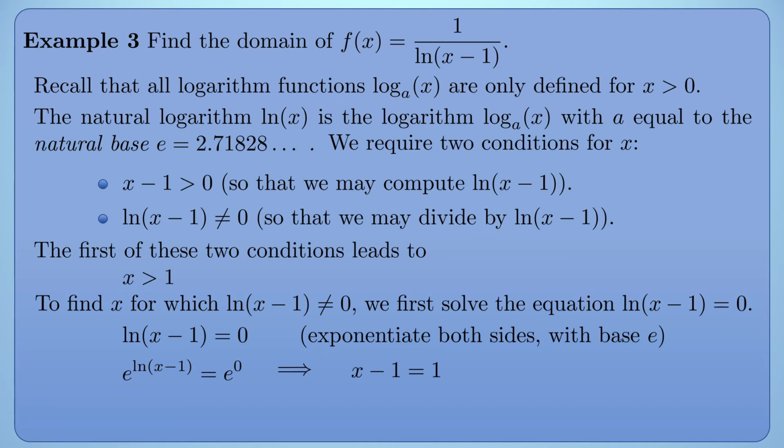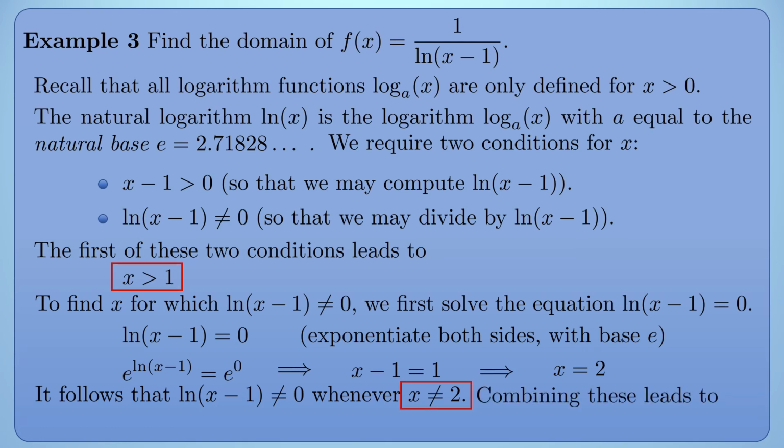From here, we observe that on the left-hand side, e and the natural logarithm, being inverse functions of one another, cancel out and leave us with simply x minus 1, while the right-hand side, e to the 0, is evaluated to 1, leading to the very simple equation x minus 1 is equal to 1, the solution of which is x is equal to 2. It follows that the natural logarithm of x minus 1 is non-zero whenever x itself is not equal to 2.